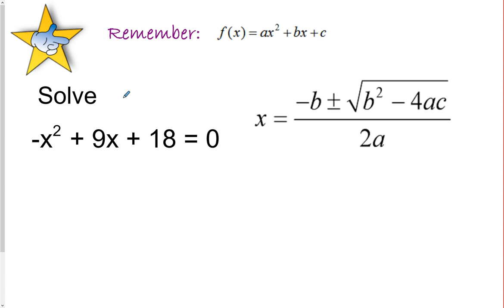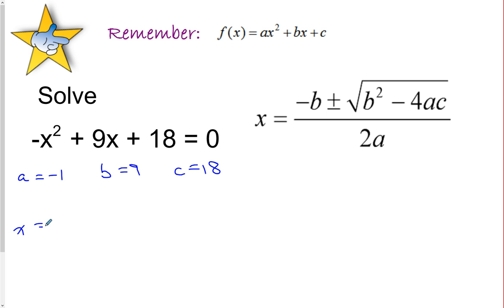Let's try out one that is just that case. So -x squared plus 9x plus 18. This might look like something that would factor evenly, but it doesn't. So we're going to need the quadratic equation to help us out here. So what's a? Well, a is -1, b is 9, and c is 18. Let's get to solving.